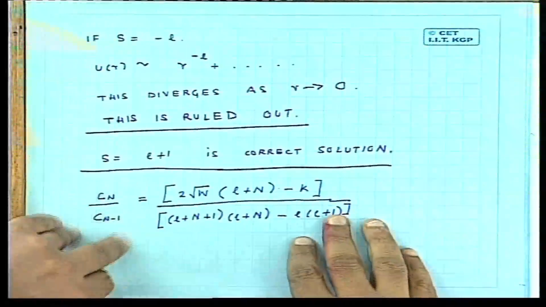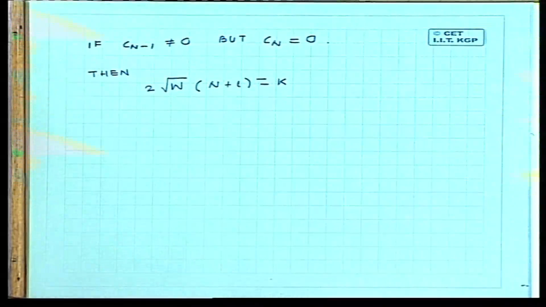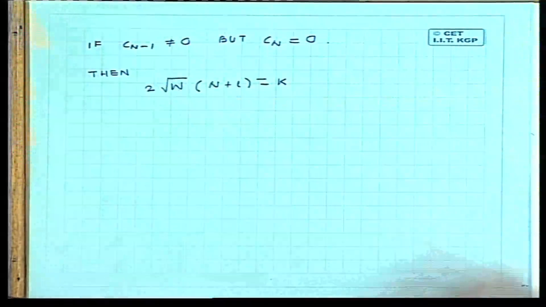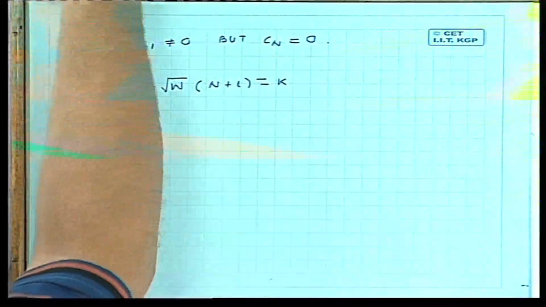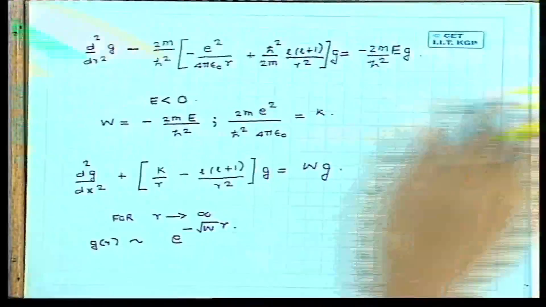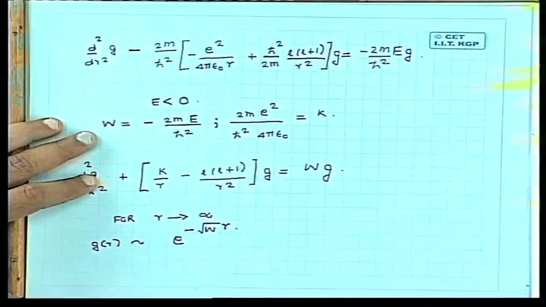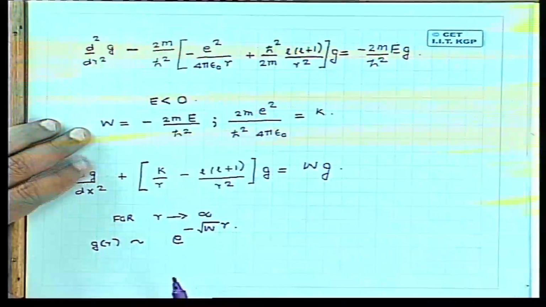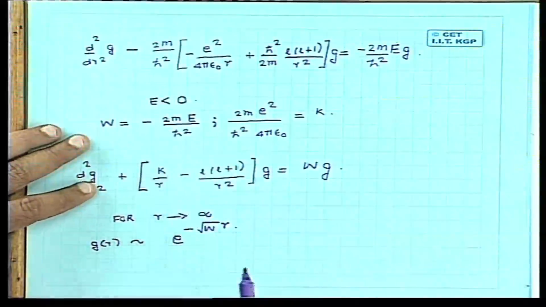So we see that this puts a restriction on the values of energy which are allowed, because W, as we have defined it, is nothing but the energy multiplied with these coefficients. So the square root of W is just the square root of the energy multiplied by some coefficients.